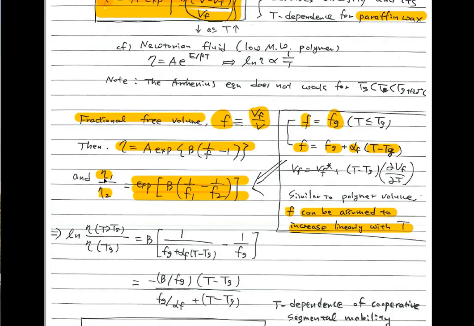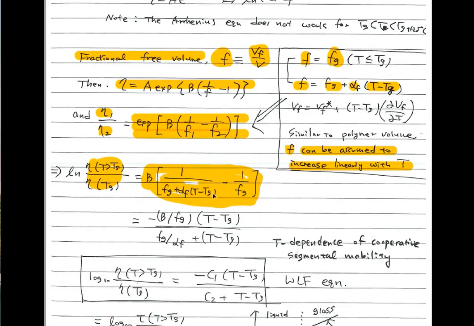And let's say that this eta 1 was measured when the temperature is above Tg, and this eta 2 is measured at Tg. Then these two ratios will be the same as this. F2 is basically Fg, and F1 is Fg plus alpha times T minus Tg. If you take the log, we can remove this exponential.